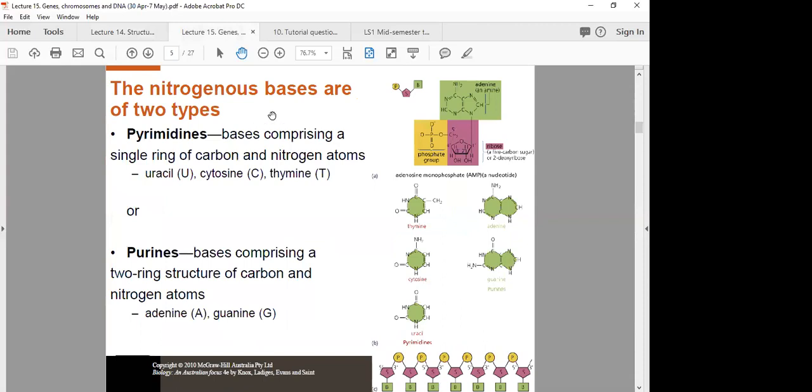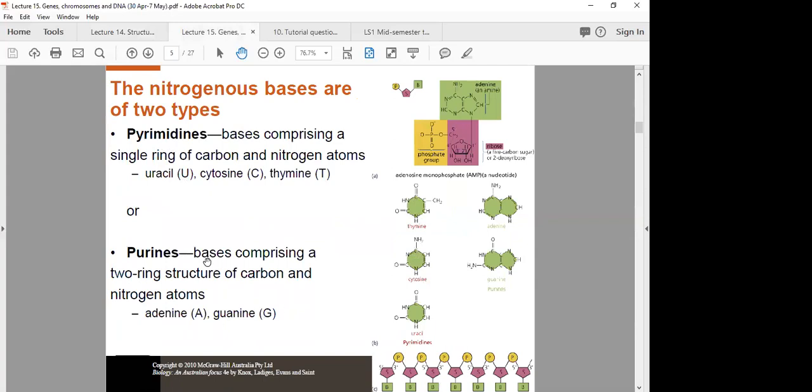Right, the nitrogenous bases are of two types, pyrimidines and purines. The pyrimidines include 3 bases, and therefore 3 nucleotides that contain these bases. They are called uracil, cytosine, and thymine, abbreviated to U, C, and T. They are called pyrimidines because the base consists of only a single ring of carbon and nitrogen.